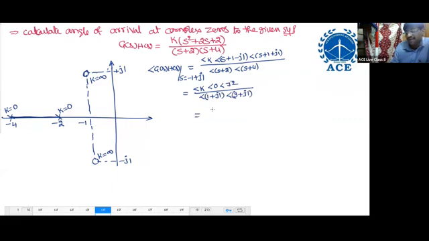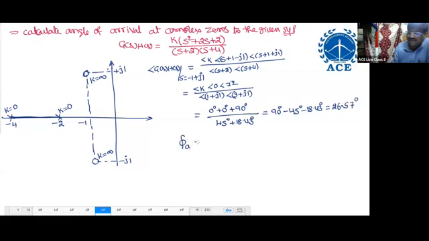Then you will get the answer 0 degrees plus 0 degrees plus 90 degrees, divided by 45 degrees plus 18.43 degrees. So 90, minus the denominator angles, minus 45 degrees minus 18.43 degrees, gives 26.57 degrees.